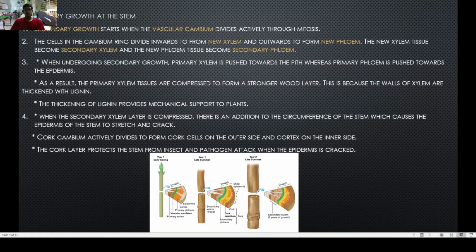Cork cambium divides actively to form cork cells on the outer side and cortex on the inner side. The cork layer protects the stem from insect and pathogen attack when the epidermis is cracked.